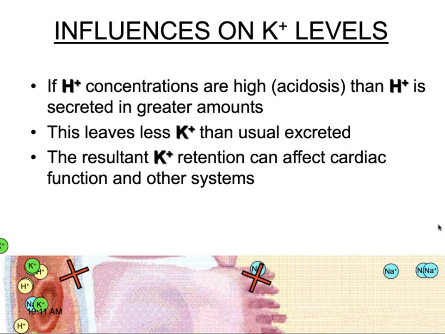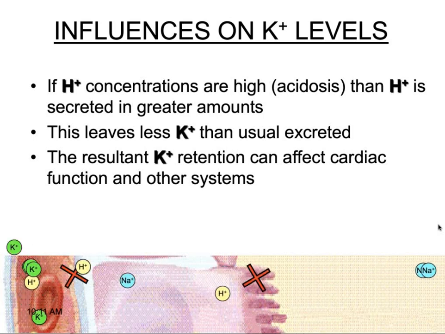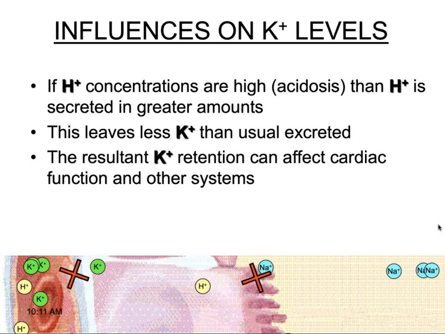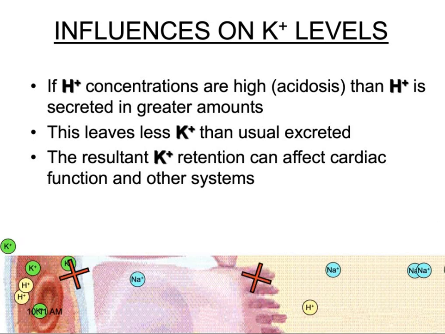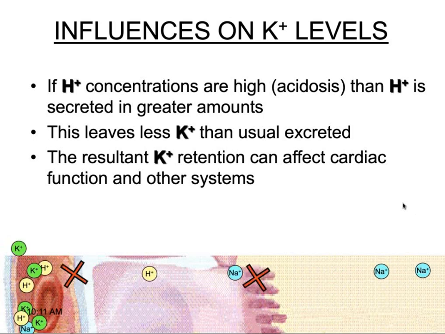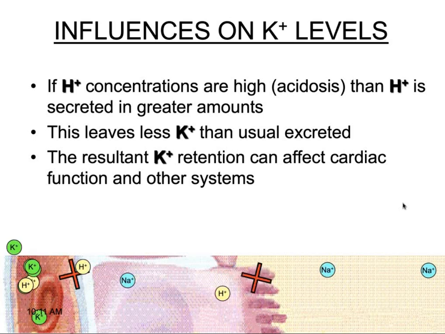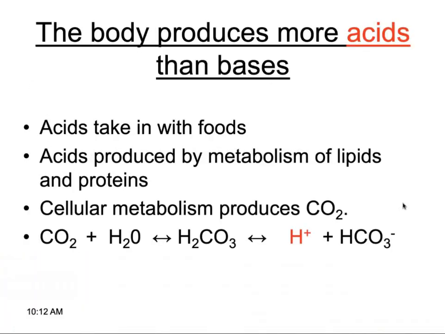So less potassium is excreted, which means there is potassium retention. When there is hyperkalemia, or potassium retention, it can affect cardiac function. And as you know from your knowledge of the cardiovascular system, in the ECG, tall T waves are seen during hyperkalemia, isn't it?